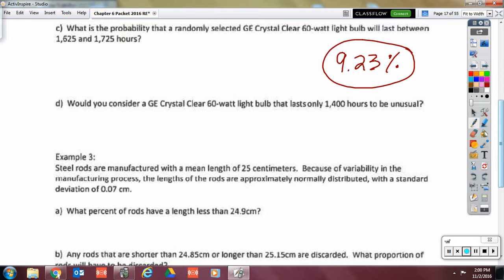Would you consider a bulb that lasts only 1,400 hours to be unusual? What should we think of as the mathematical definition of being unusual? Being an outlier. What is our outlier rule for standard deviation?